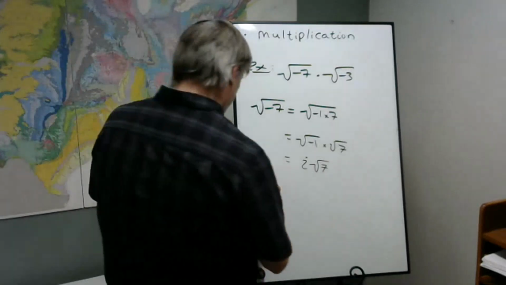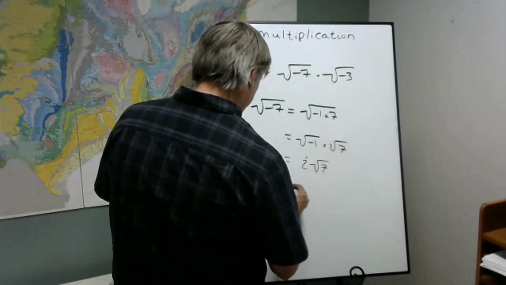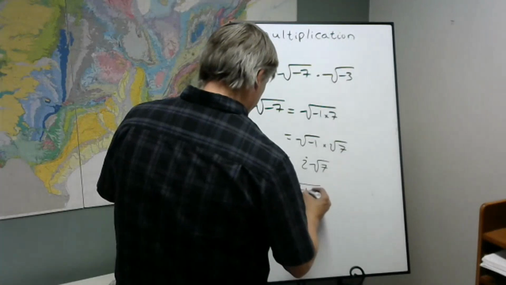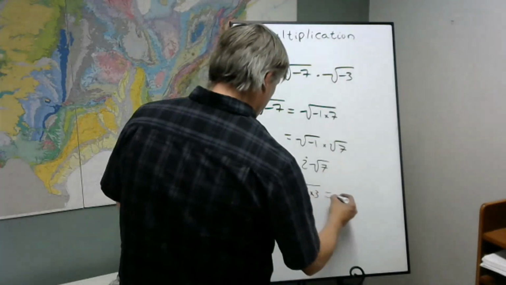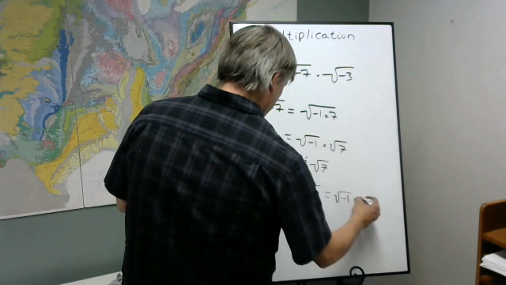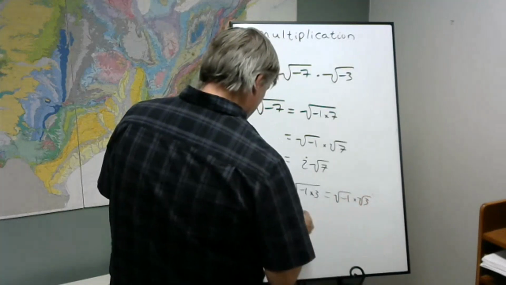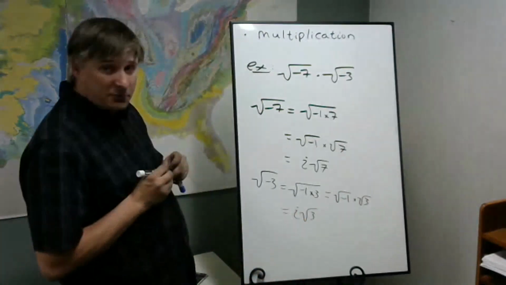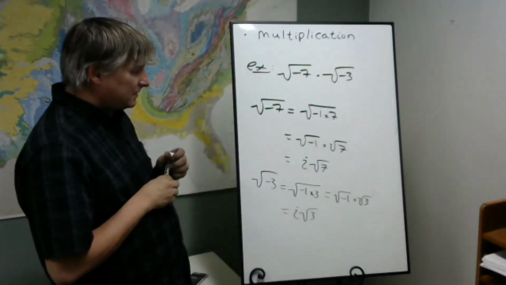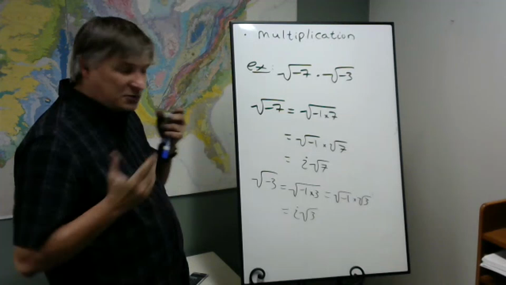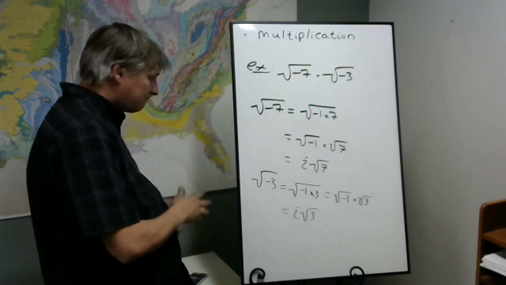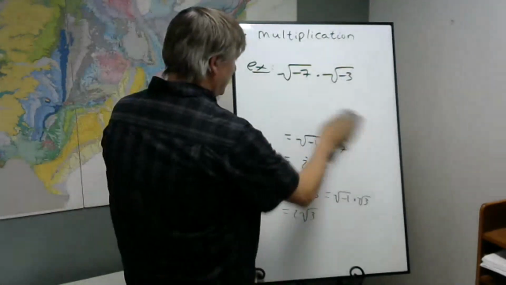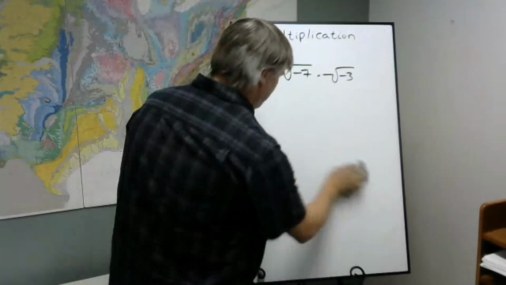Same thing with square root negative 3: i root 3. So this is what we're going to do. Let's do this again, and let's do this the right way.